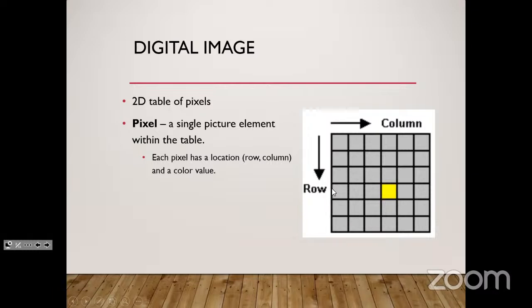No negative numbers in images. And same with X, it starts and goes across the top, from left to right, 0, 1, 2, 3, to the end. Is that clearer?